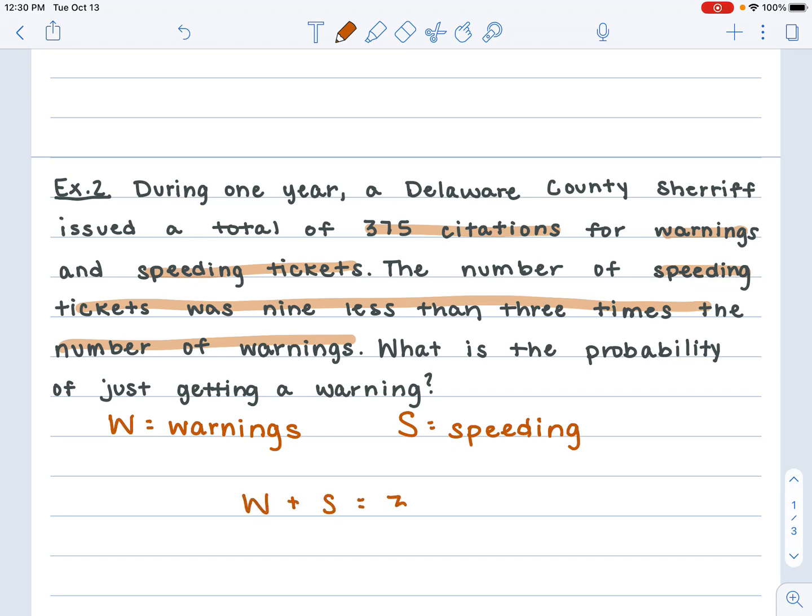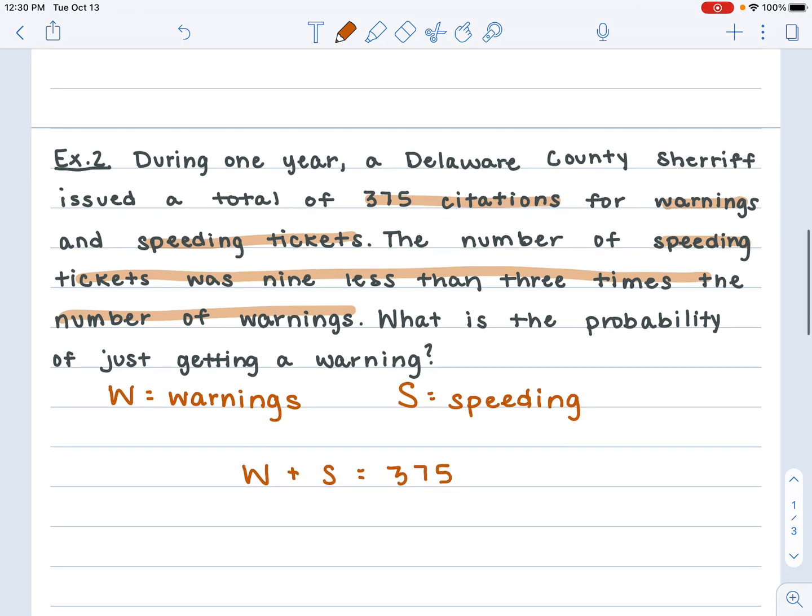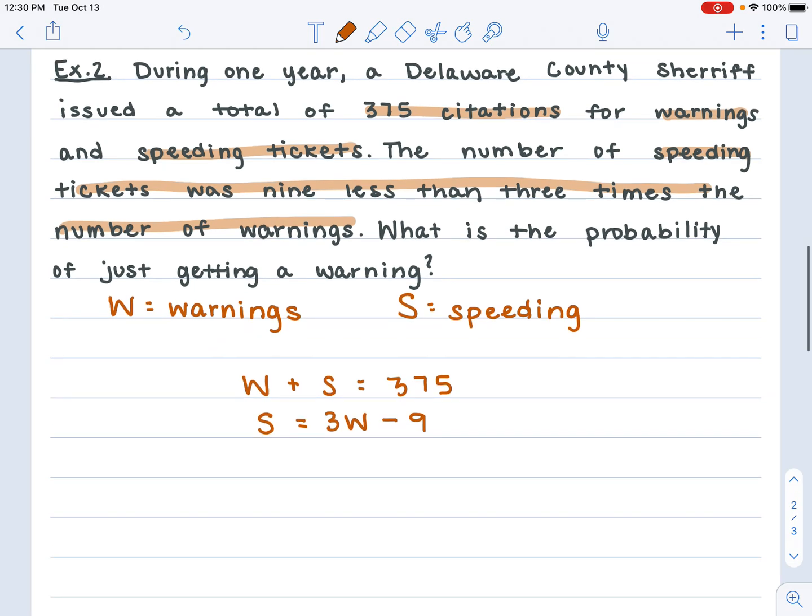So I would say warnings plus speeding tickets equals 375. It says the number of speeding tickets was 9 less than 3 times the warnings. So speeding tickets was 9 less than 3 times the warning. So 3W. 9 less would be minus 9, or subtract 9. All right, we have our two equations there.